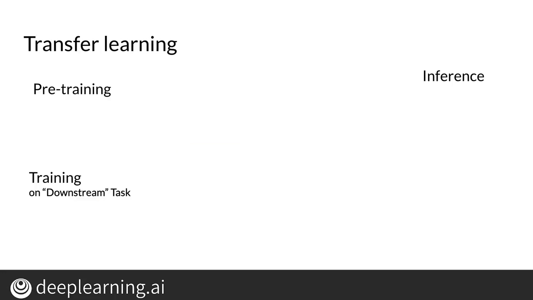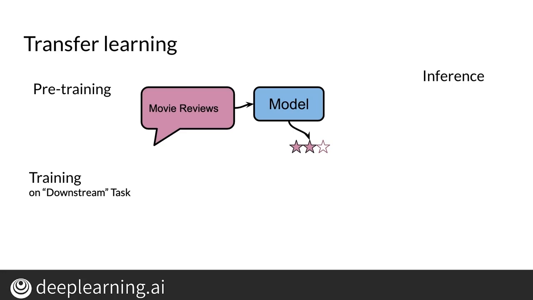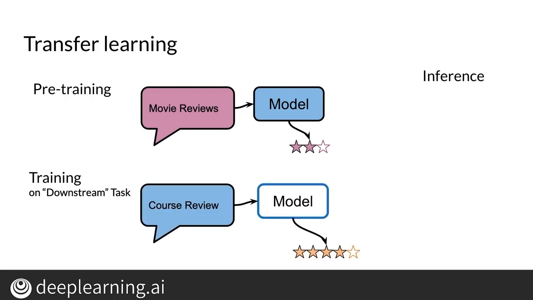Now, in transfer learning, let's look at this example. Let's say that you have movie reviews, and then you feed them into your model and you predict a rating. And over here, you have the pre-trained task, which is on movie reviews. Now, when training, you're going to take the existing model for movie reviews, and then you're going to fine tune it or train it again on course reviews, and you'll predict the rating for that review.